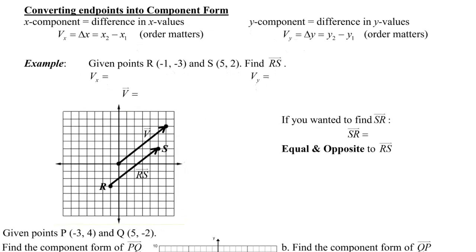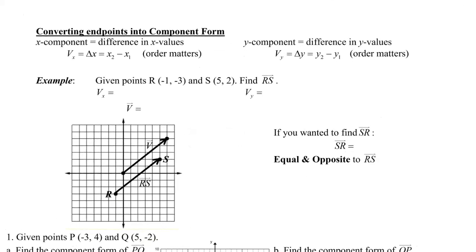So how can we get things into component form? Well, usually we could be given endpoints, x and y's for the points that we're dealing with, and we can find the difference between those values. Okay, order does matter when I do this. So it is always the second point minus the first point.